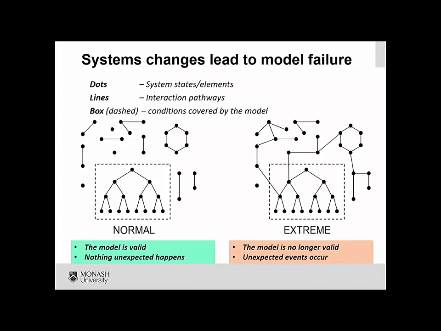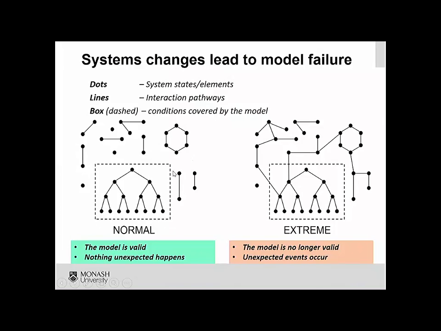If you think about it in the abstract, we can have a system which can be in various states. These dots are the various states it can be in, and it can transition. If it's in this state, it could transition to this state, or this state, or this state. Now, say this is the part that our model covers.